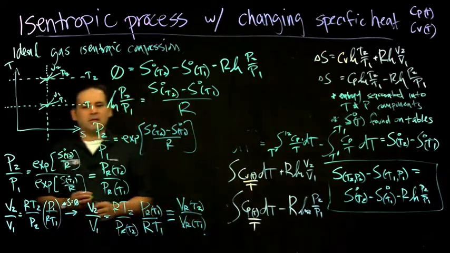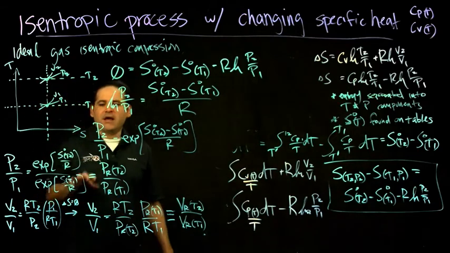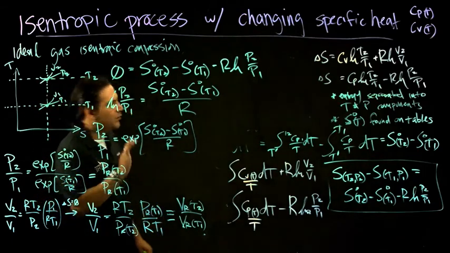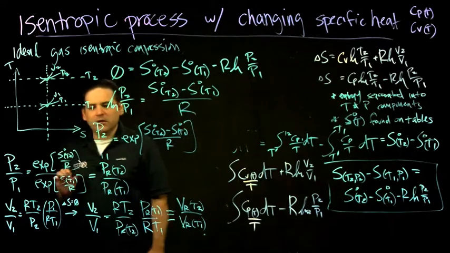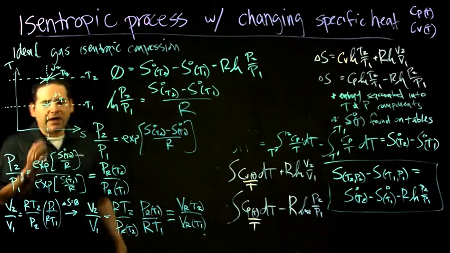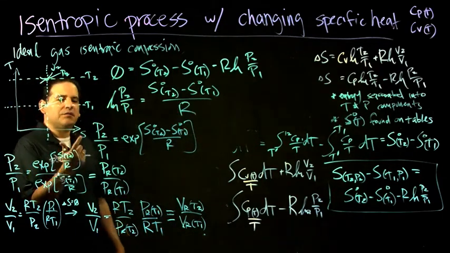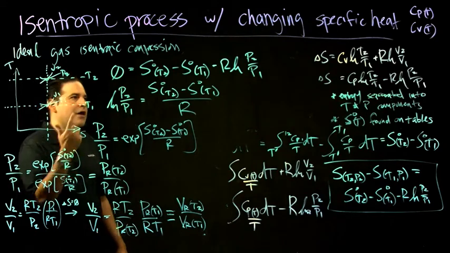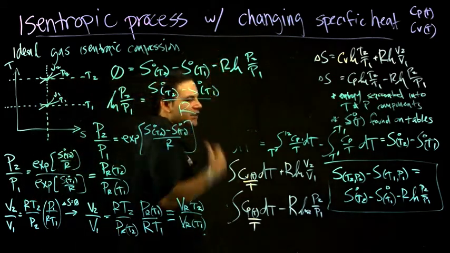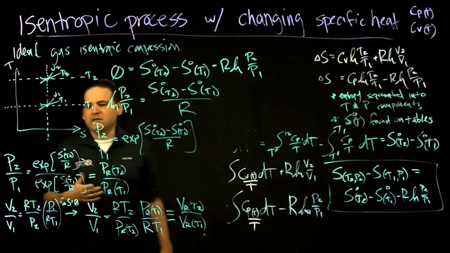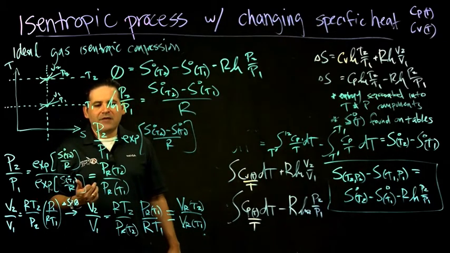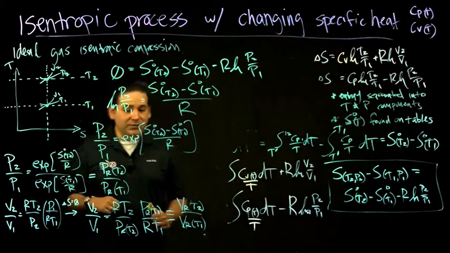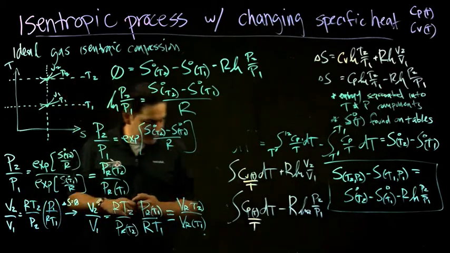Now we have this relative pressure and relative volume, which we can use for an ideal gas in an isentropic process, to connect one state to the final state after an isentropic process, accounting for this temperature dependence of specific heat.